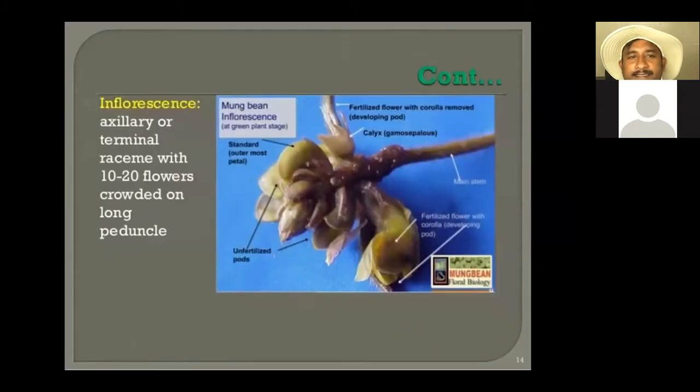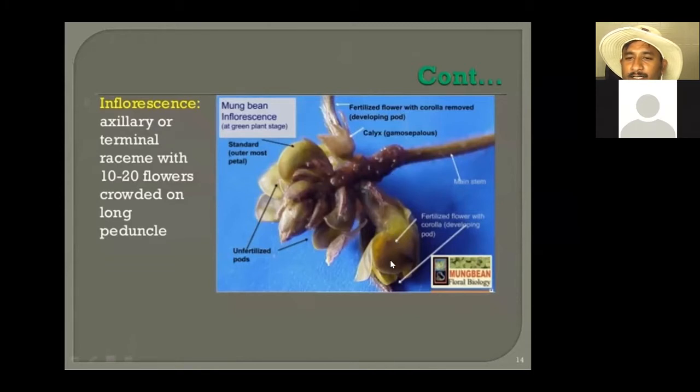So coming to the inflorescence, as I described to you, 8 to 10 flowers in a group come under the inflorescence. Why don't we use the older flowers for the crossing program?